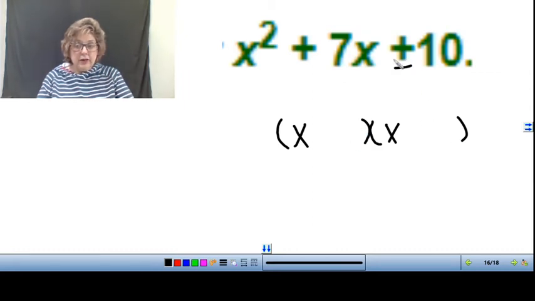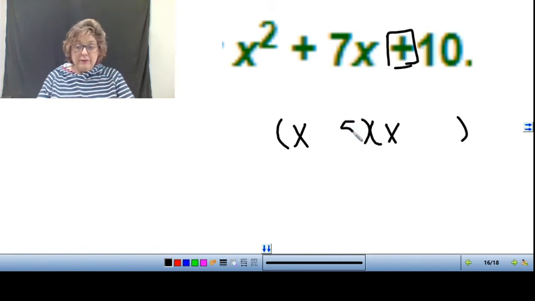So I know when I'm factoring that this is going to be whatever this value is times this value. Now I can tell you, this sign is going to tell me whether I added these two values or I subtracted those two values. If it's plus, I added them. If it's a minus, it means I'm going to subtract those two values. So I'm going to have to find two numbers that multiply to 10 that actually add to 7.